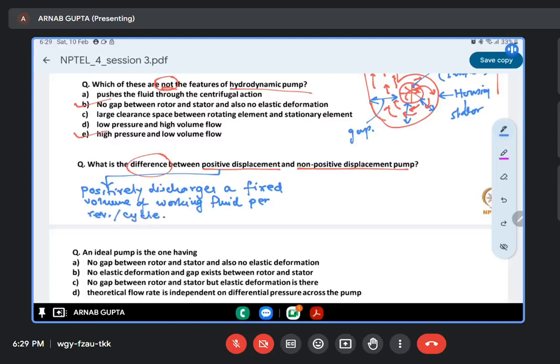Whatever be the backing pressure, or whatever be the head against which it is acting, it will try to produce a fixed quantity. It will try to produce a fixed discharge.